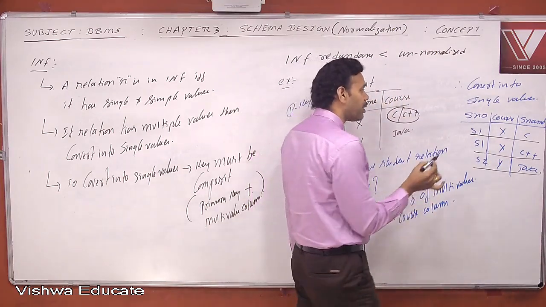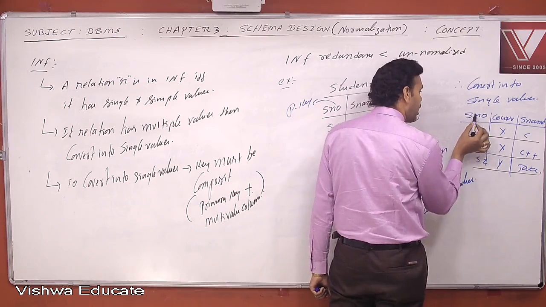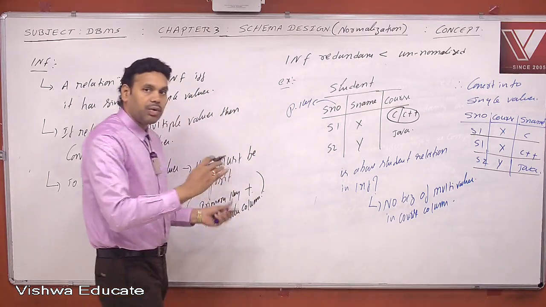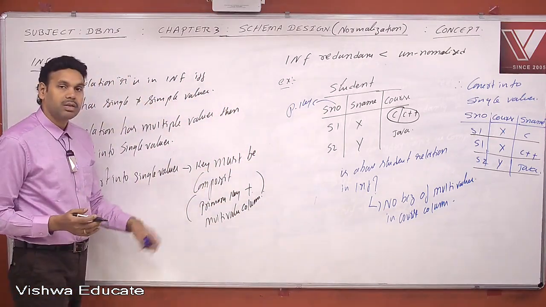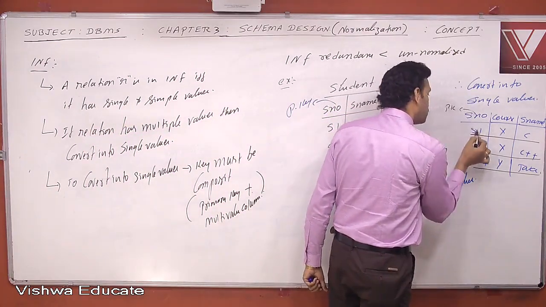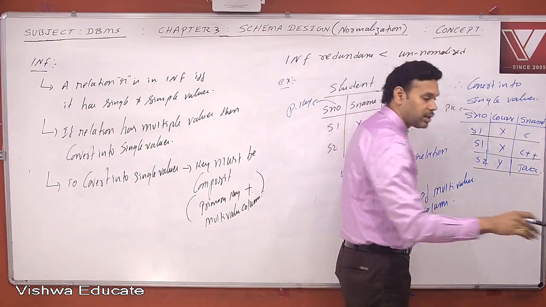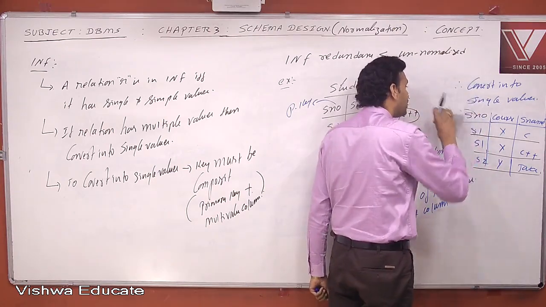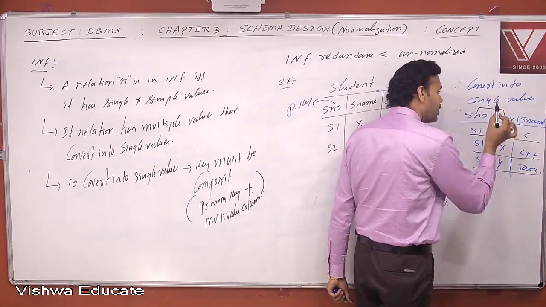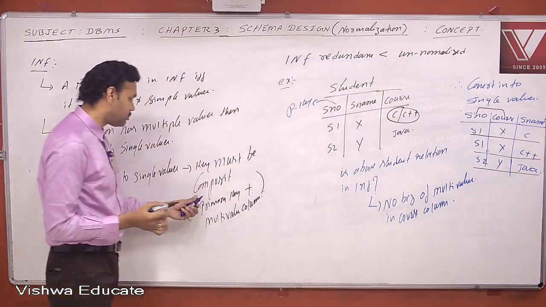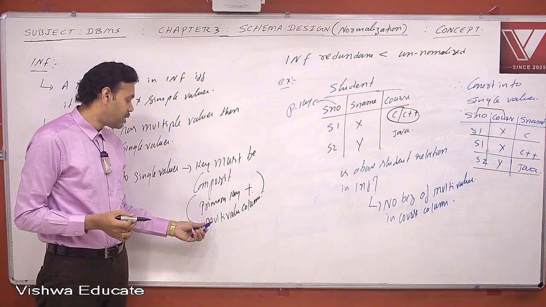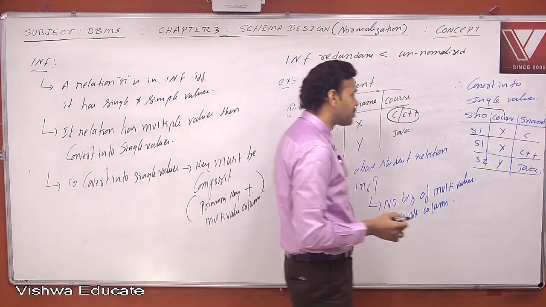So here what happened? Earlier this is the primary key, right? What is your primary key? S number. To convert into multiple values, the key must be composite. Why? Because if this is the primary key, duplicates are not going to be allowed. Therefore, it must not be the primary key alone. Your primary key and your multi-value column together is a composite key.